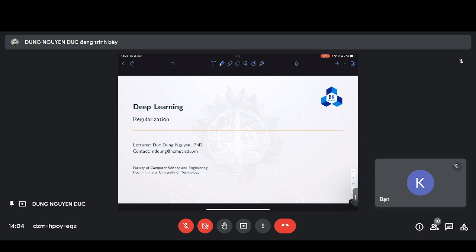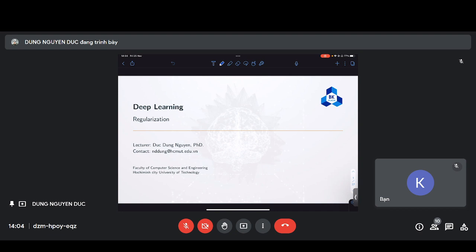We don't want to train the networks to fit so tightly into the data because the real data may be very different from what we are seeing in the training. The training data is just an assembled set of something we see in the world. It's not really representing the world.